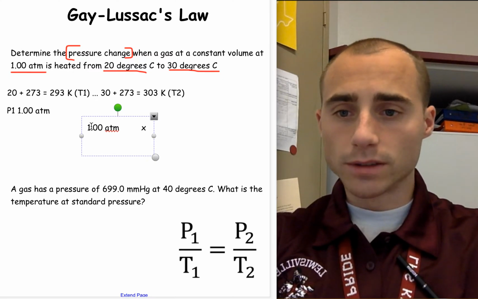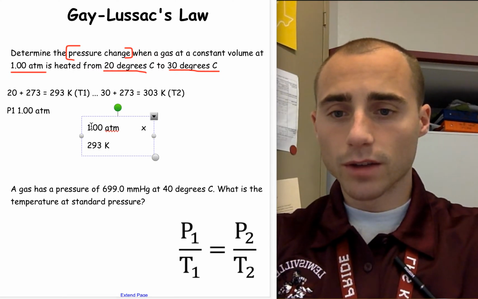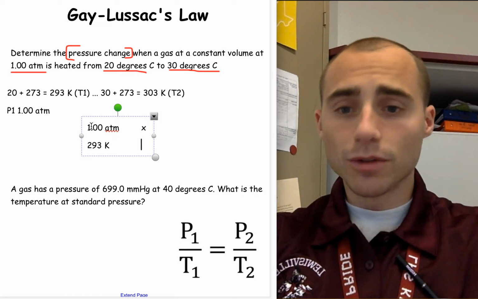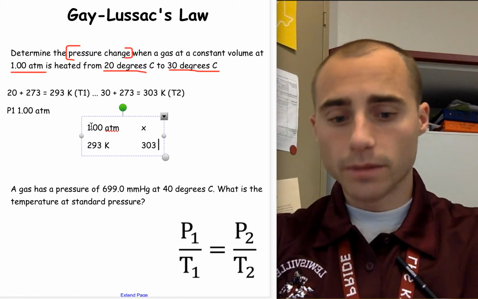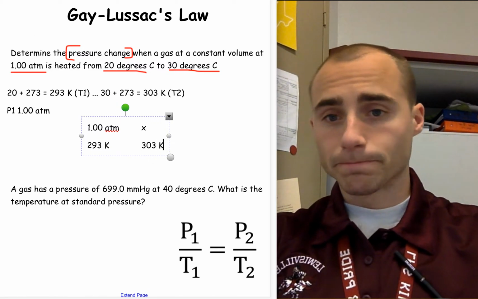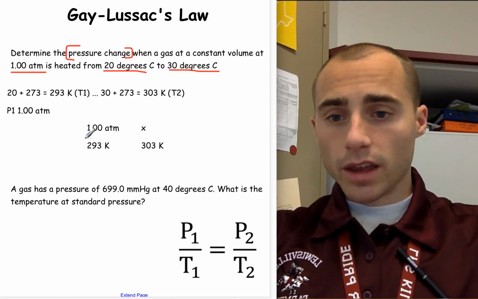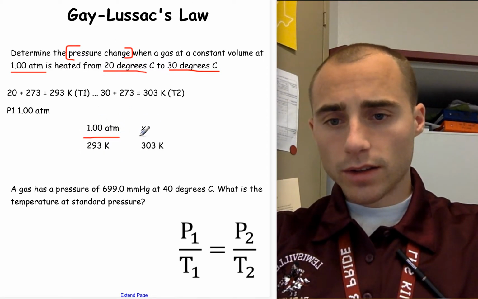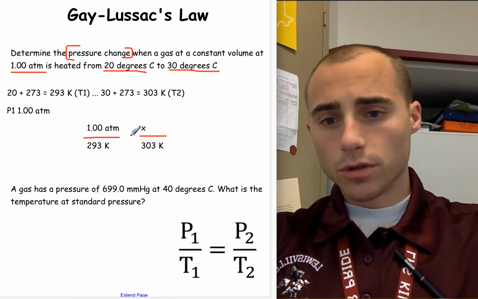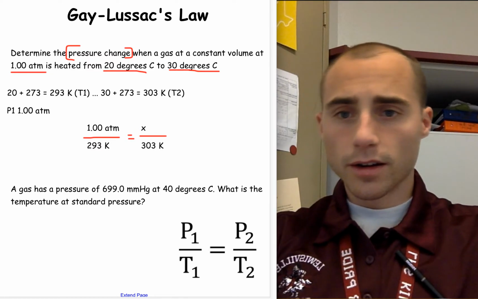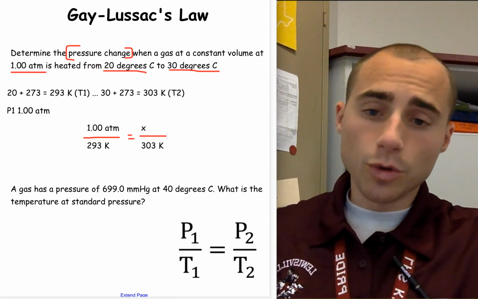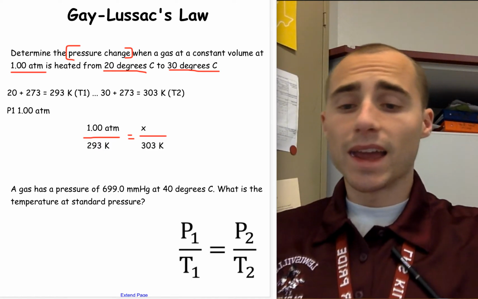Our temperature 1, 293 Kelvin. Got to make sure it's in Kelvin. And our temperature 2 is 303 Kelvin. Again, make sure it's in Kelvin. Then we set up our ratio, and then we are just going to want to cross multiply and solve.